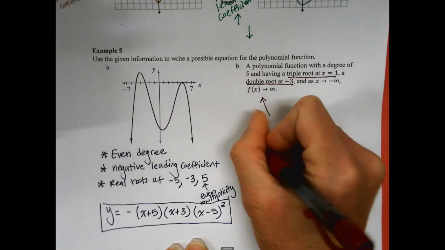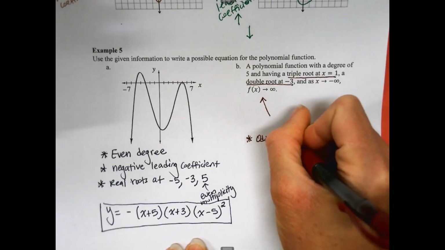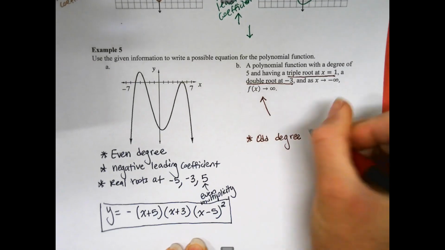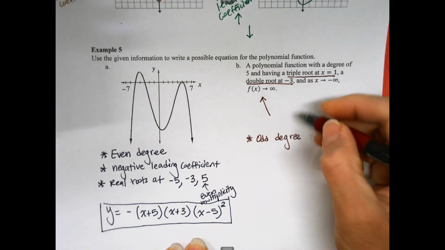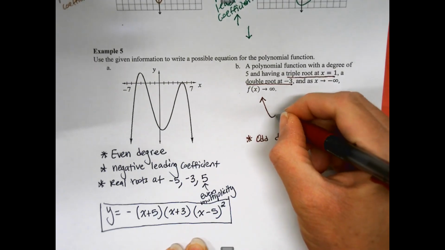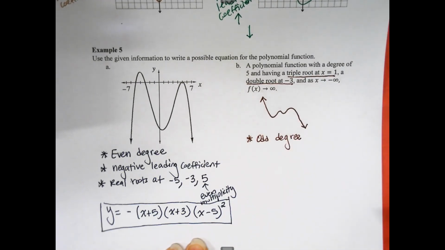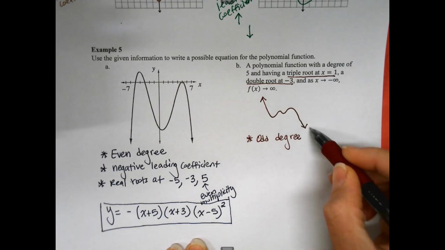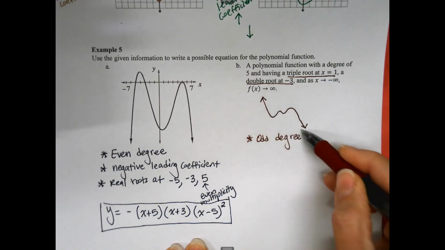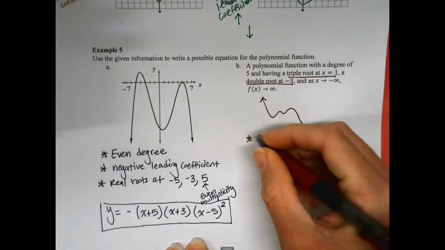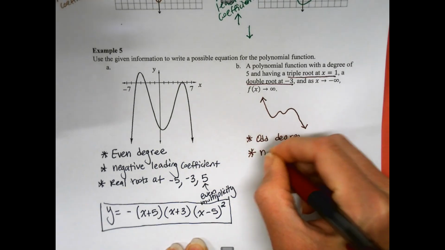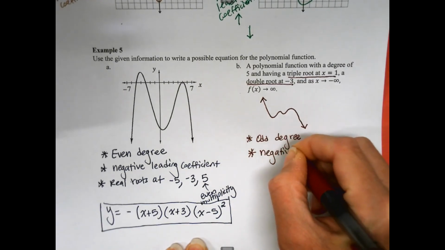So this is an odd degree. And since it has an odd degree, the ends go in opposite directions. So it's going to do something, and then it's going to go down on the right. Since it's going down on the right, or overall in this downwards direction, that tells us that it has a negative leading coefficient.